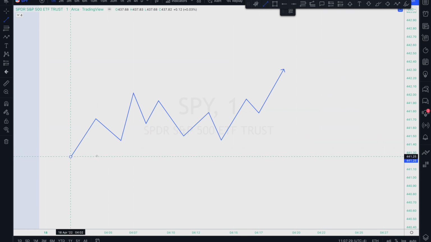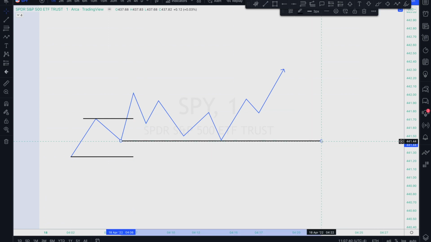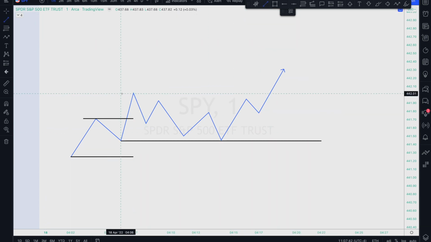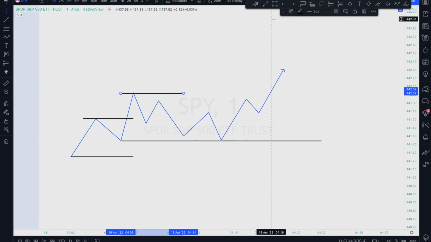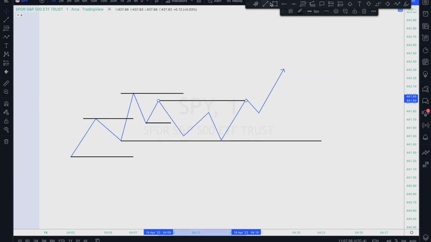So we have a low, we have a high, that high is broken, gives us a low, so there's our high. And then they'll come in and say, okay, we have a lower low to a lower high to a lower low, because that low is broken, right?